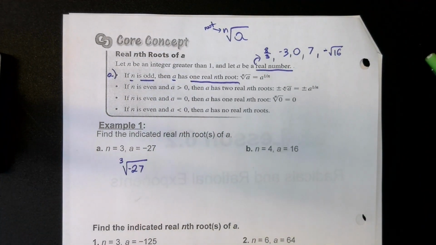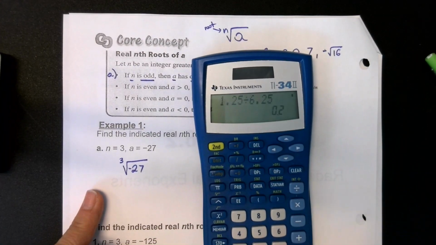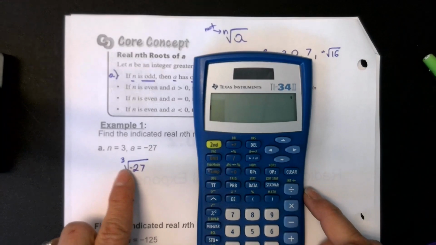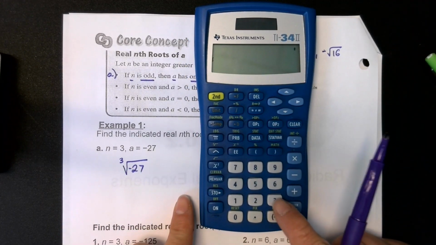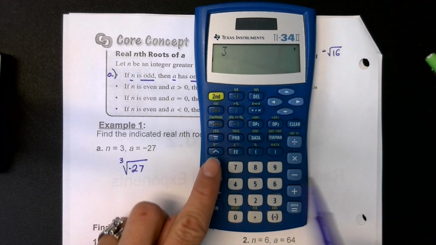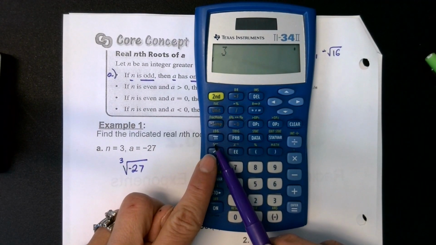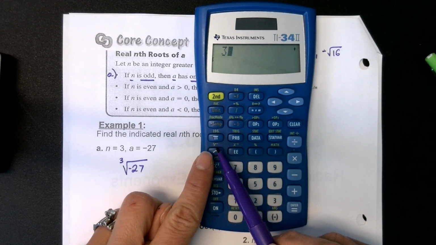So here is how you plug it in. If you have a calculator like this one, let me make sure it actually shows. I'm turning it on. So we have the cube root of negative 27. You can click 3, and you may have it on your calculator. Notice I have that x root in yellowish green, so it's the second function.